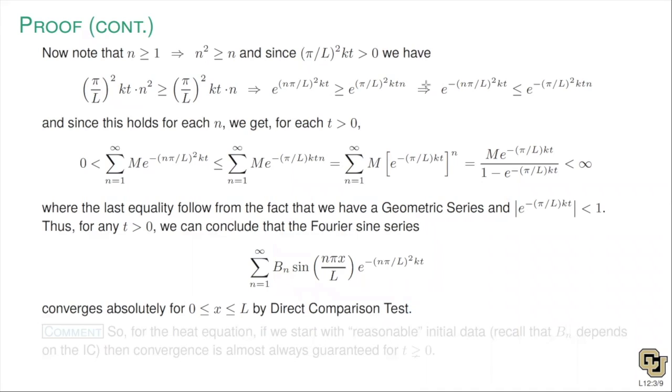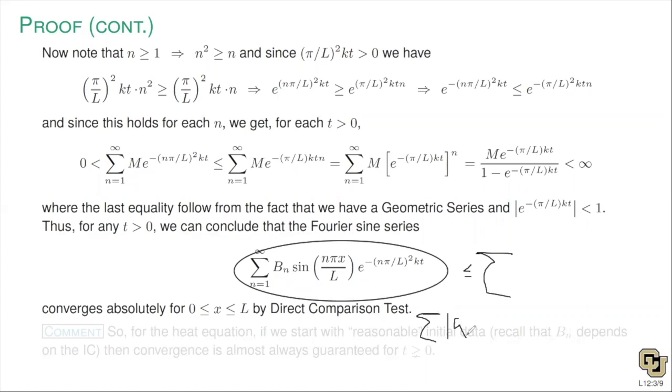Alana, why are we doing a direct comparison test here instead of the Weierstrass M test? I just mean it's a direct comparison in the sense that I'm comparing this series. I'm saying this is less than or equal to, I'm just using the result that if we know that this series converges, then we know the original series converges.